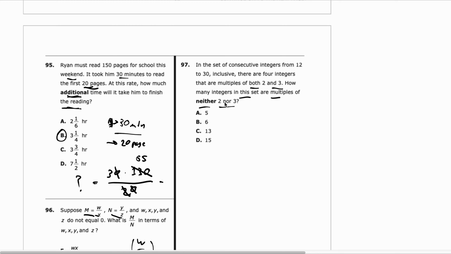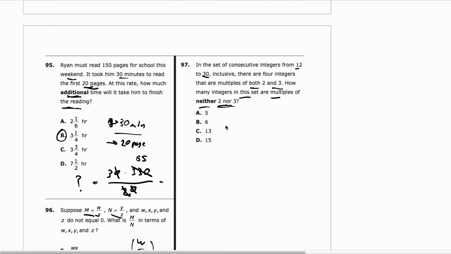So I guess the approach to this one would be, well, one approach would be a brute force approach, where you go through each number in this range and check whether it is a multiple of 2 or 3. That would be pretty inefficient.